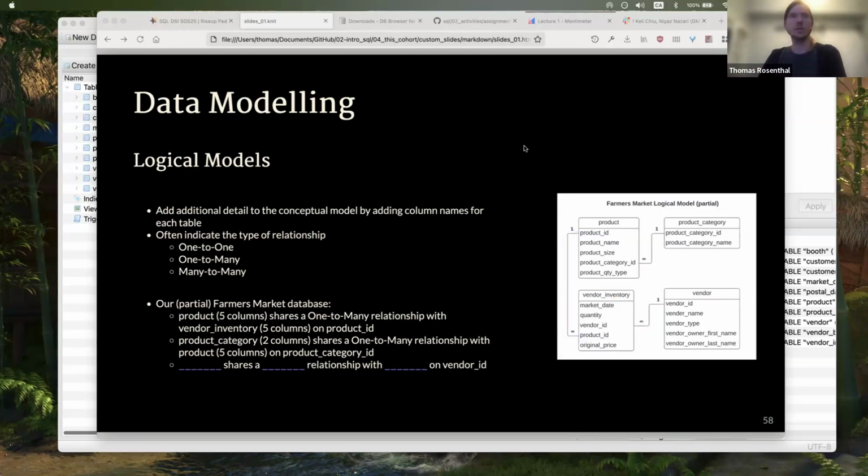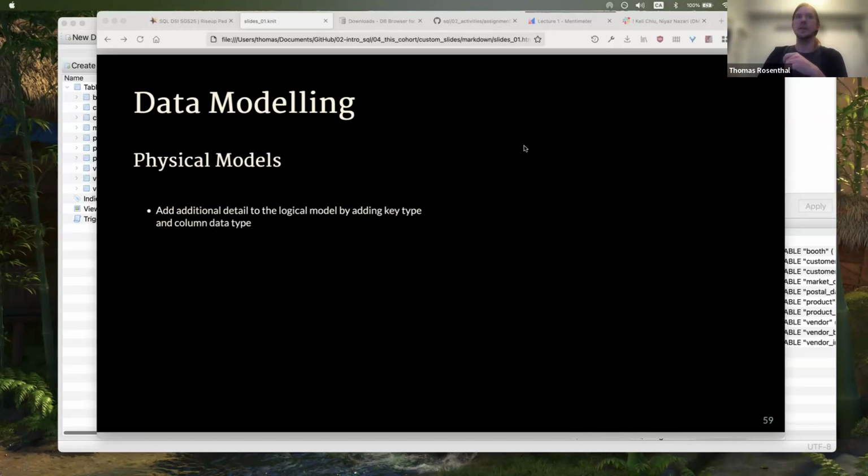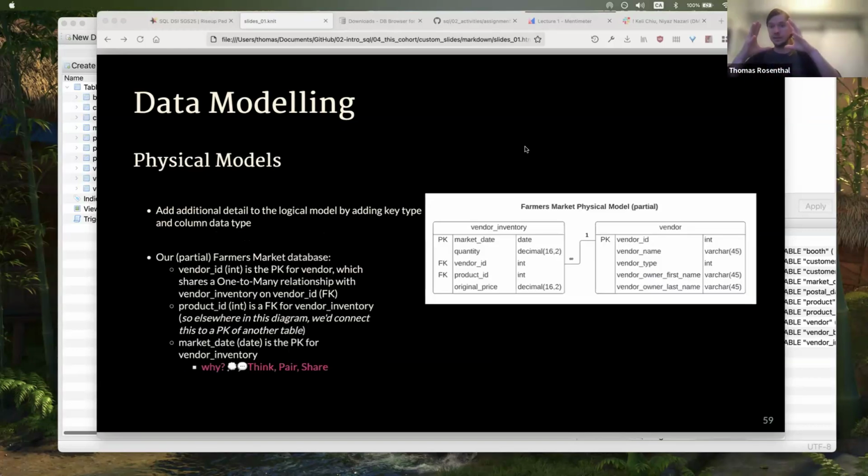Going one level deeper into our physical models, we add detail to the logical model, adding the key type and the column data type. I've gone even narrower here, just two tables. So this is our physical model for our partial farmers market.